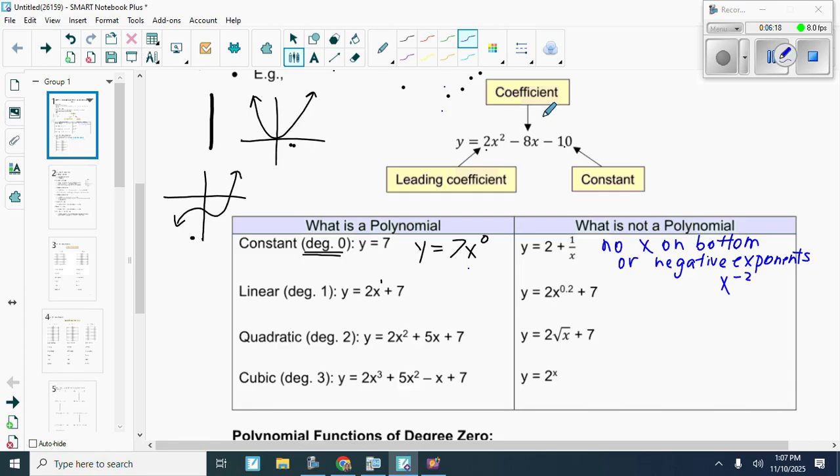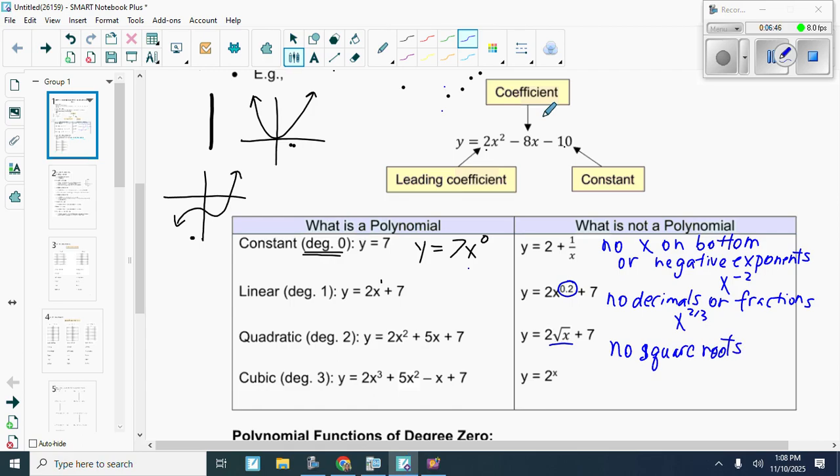No decimals, or fractions. We're not going to be looking at anything with a square root. So, no square roots.